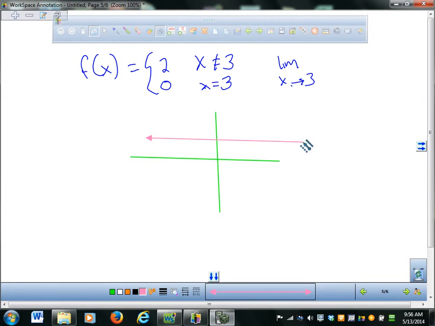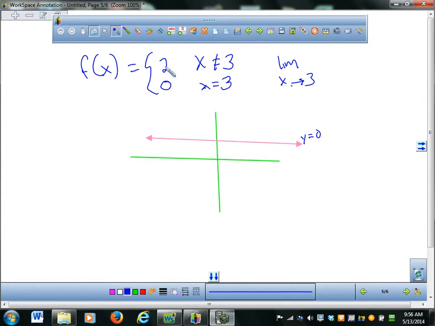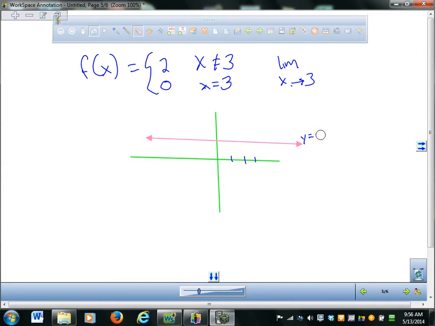So this is like the line y equals 2, except, so this says everywhere except at 3, this thing looks like the line, whoops, not y equals 0, y equals 2. Right exactly at x equals 3, this thing has a value of 0, okay? So everywhere except for 3, this function has a value of 2. Right at 3, it has a value of 0.